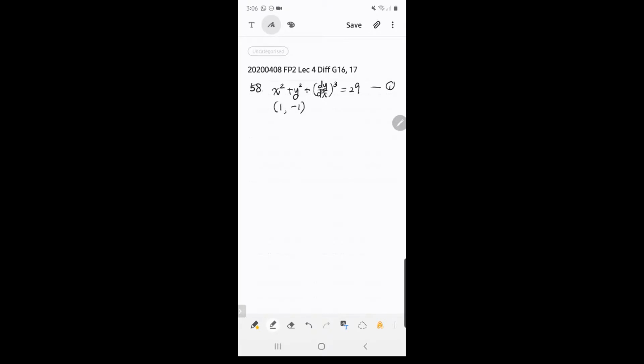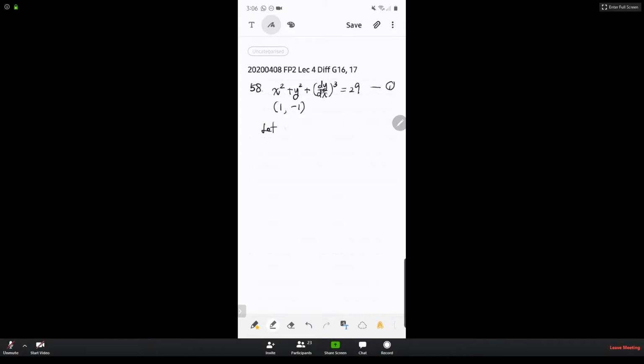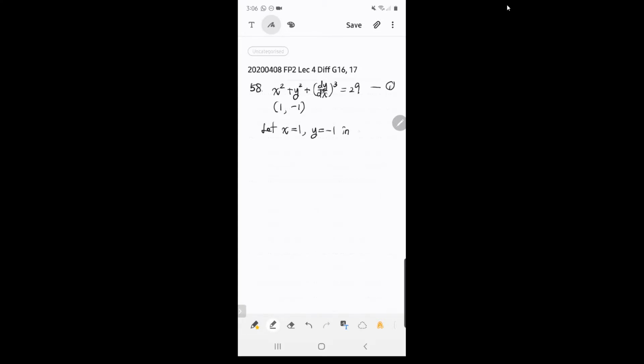They asked us to find the values of dy/dx and d2y/dx2. So we first substitute x equals 1, y equals -1 in equation 1, so that I can find the dy/dx value.